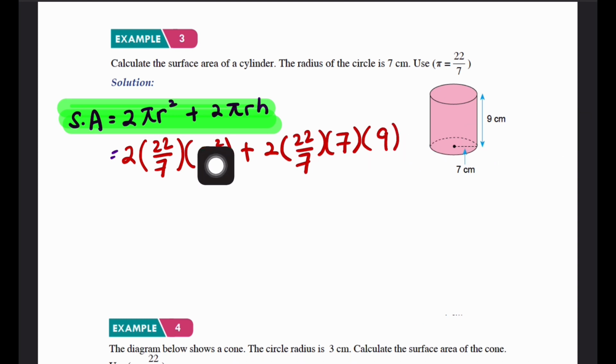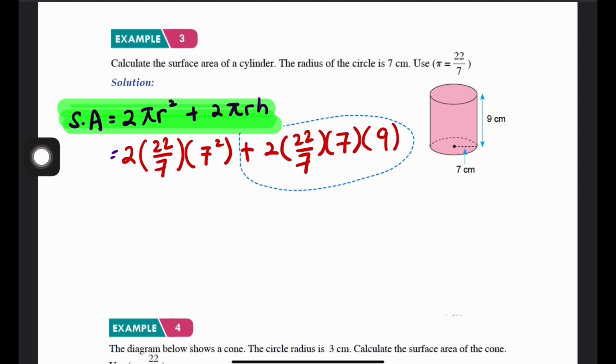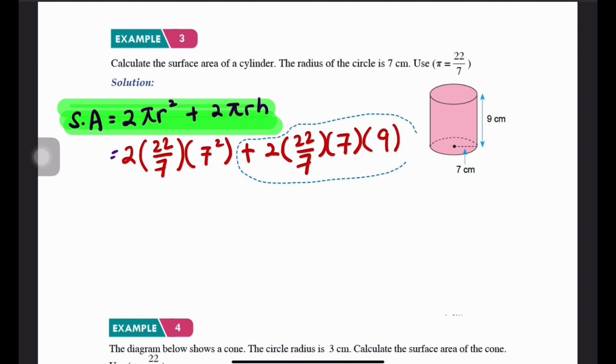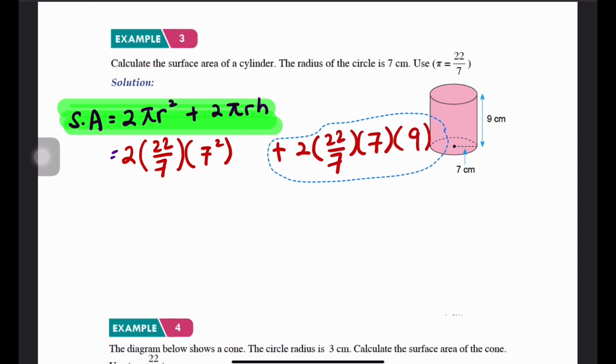For this 7 square, for me personally, I love to write it like this. It's okay to write it as 7 square, no problem. But for me personally, I love to write it like this. So 7.